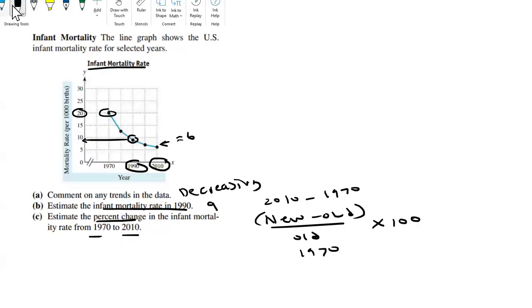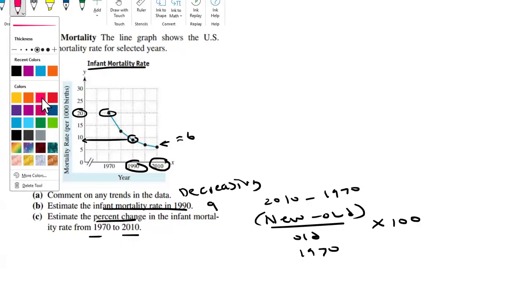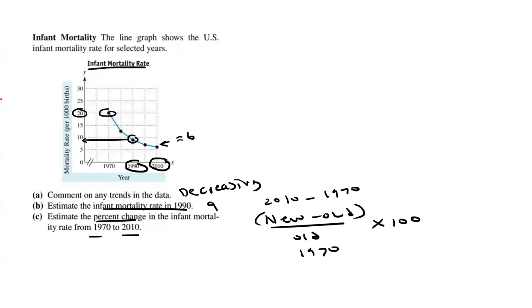So in 2010 we got 6, minus the 1970 data, which was 20, and then divided by the 1970 data. So 6 minus 20 is negative 14. We get negative 14 on top, divided by 20, and then multiply that by 100.